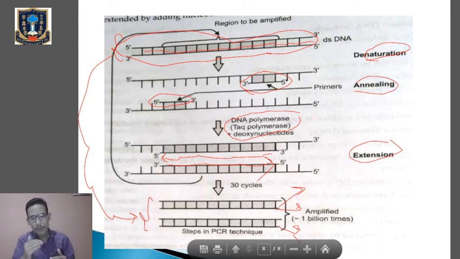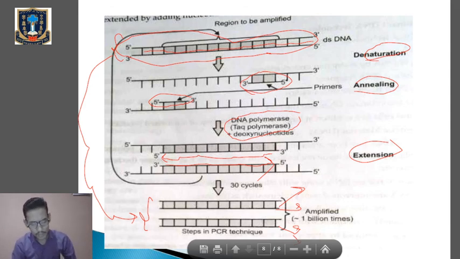So in order for the enzyme to remain functional, it must resist this high temperature. So we require a thermostable enzyme, Taq polymerase, which can resist temperatures up to 90 to 100 degrees Celsius. This enzyme is employed in PCR and is responsible for the extension of primers, leading to the formation of new strands of DNA.